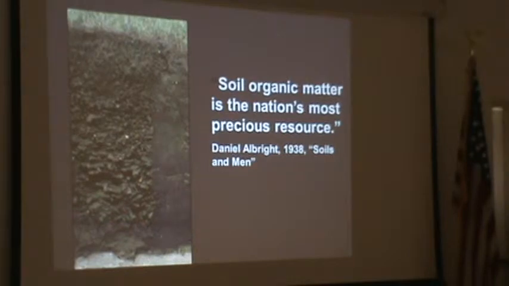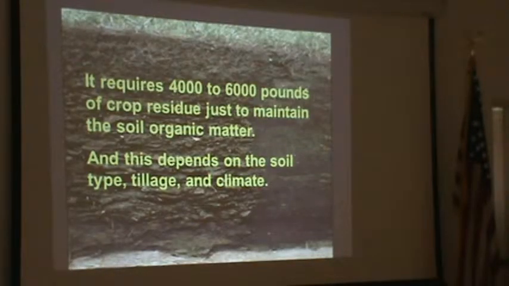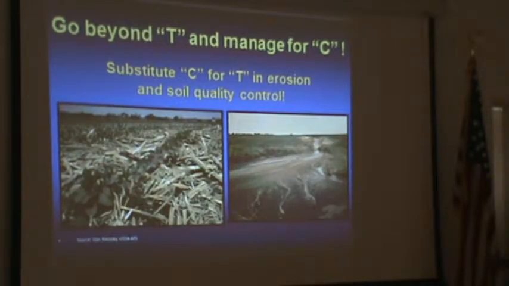It's the nation's most precious resource, soil organic matter, and I think Don Rakowski would agree with us on that. It requires 4,000 to 6,000 pounds of crop residue per acre just to maintain the soil organic matter. And this depends on the soil type, tillage, and climate.